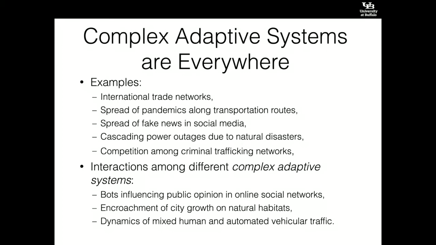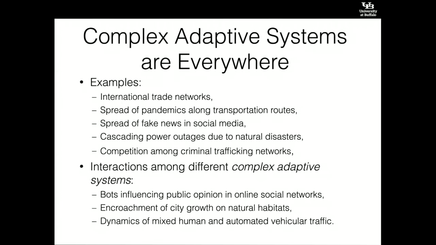Or if you're into politics, how did misinformation campaigns through these social bots impact the presidential elections that we recently had, or previous ones? Or how people moving to cities is encroaching into more rural areas, so the urban sprawl type of thing. The idea is, can we model these complex adaptive systems from the bottom up?